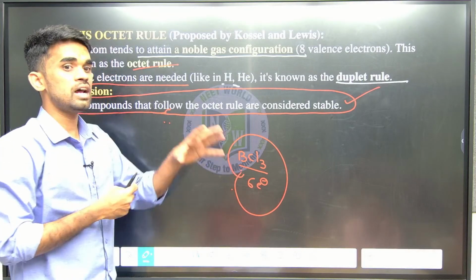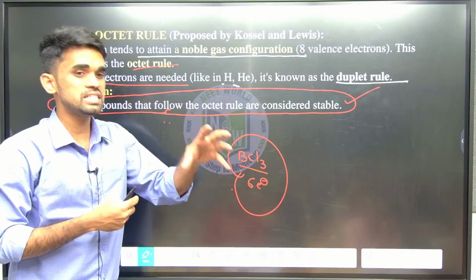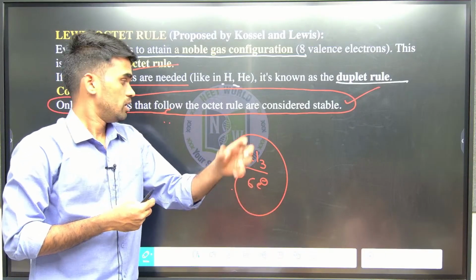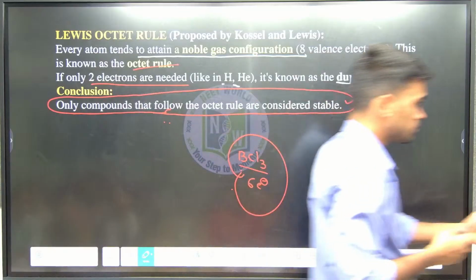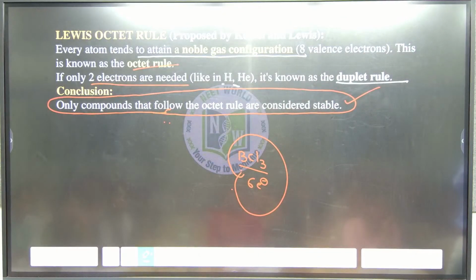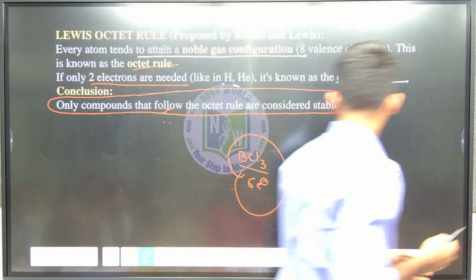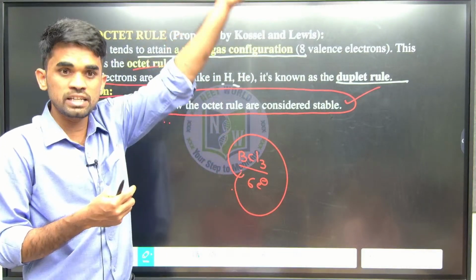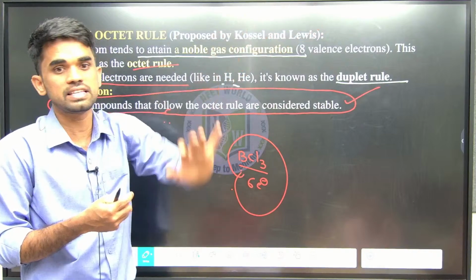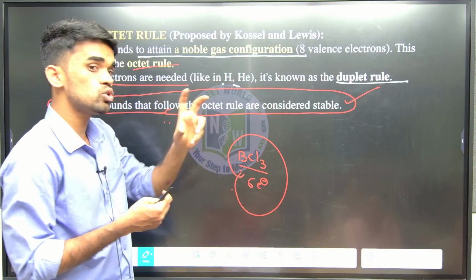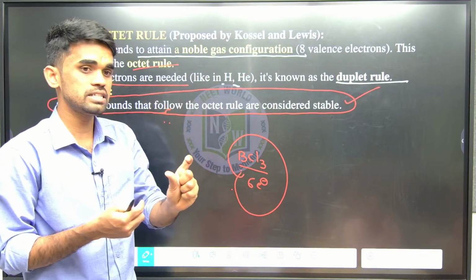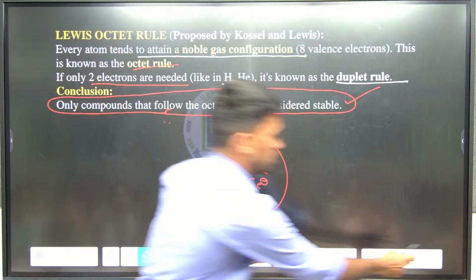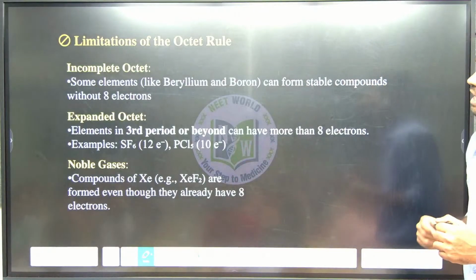Yes. There are some compounds which have electrons either less than the octet, or some have more than the octet, and they also exist. Those are the limitations: expanded octet or deficiency in the octet.